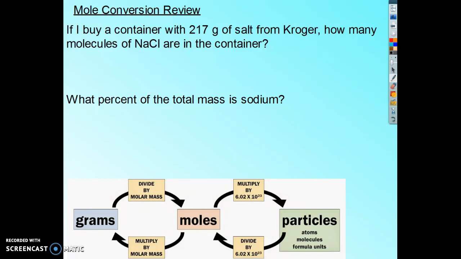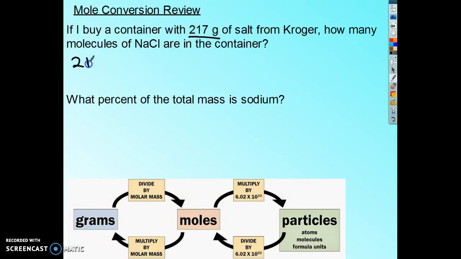Now I can't just go directly from grams to molecules. I have to follow this flowchart, which is a really good reminder. The process is our grams, we have to first convert them to moles, and then moles has a conversion factor to take us all the way to molecules. So let's start with our grams. We were given 217 grams.